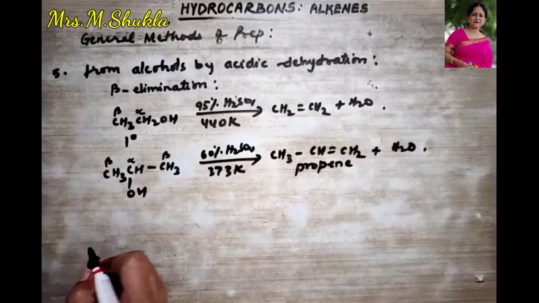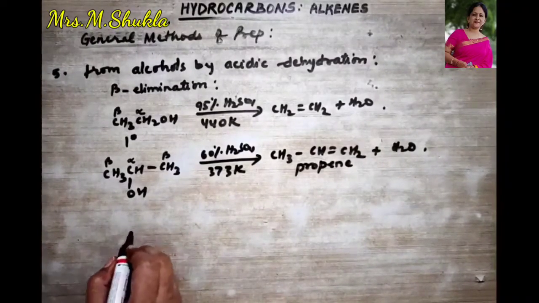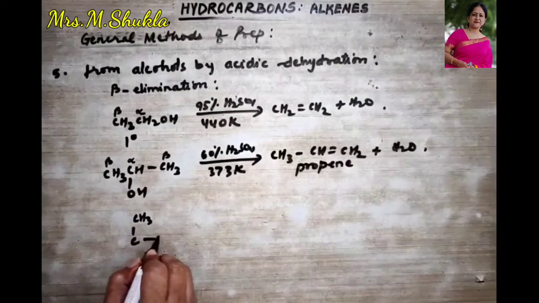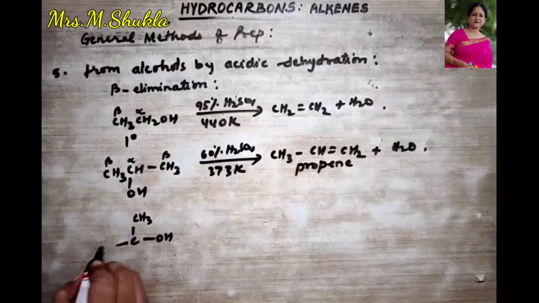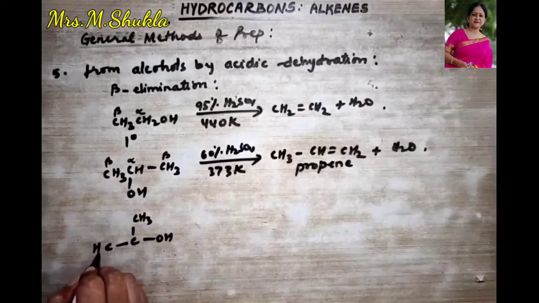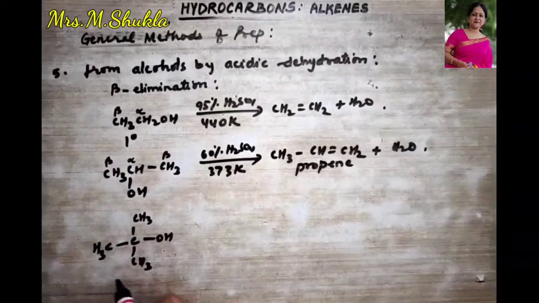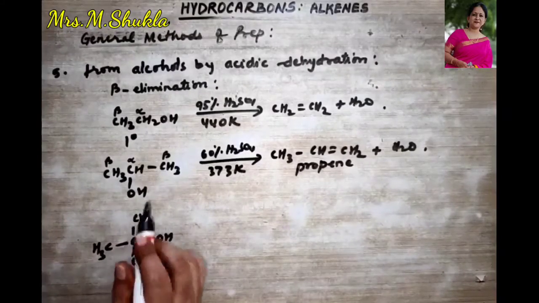And now let us look at the tertiary alcohol, that is C(CH3)3OH. So now let us see all the carbon atoms.